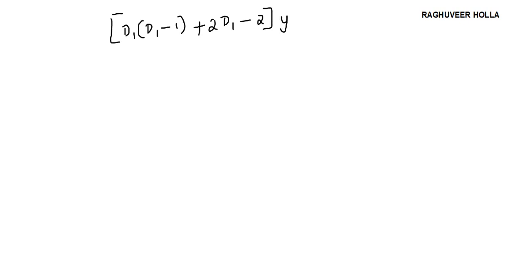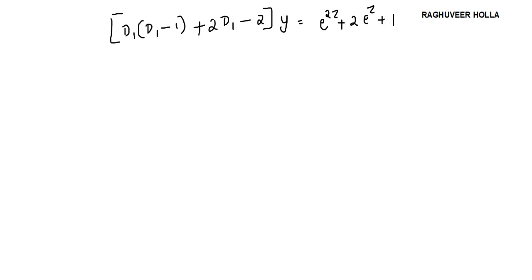So x square would be e to the power of 2z, and x would be e to the power of z, and we have the constant term which is 1.